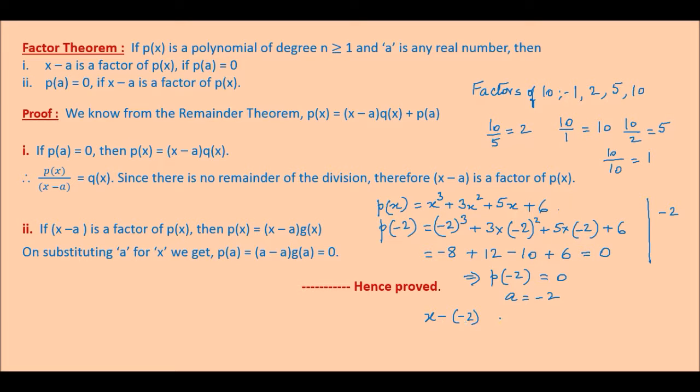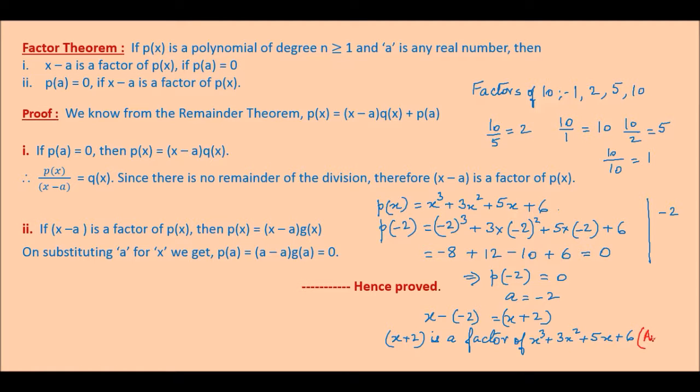So x minus minus 2, which is equal to x plus 2. Therefore, x plus 2 is a factor of x cubed plus 3x squared plus 5x plus 6.